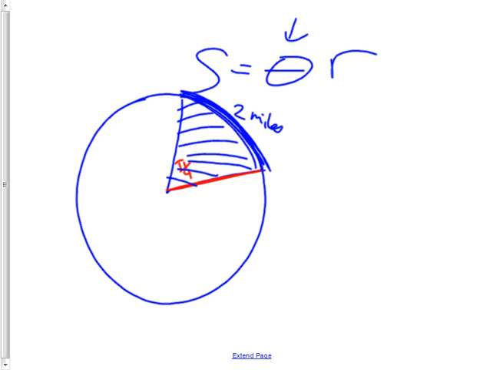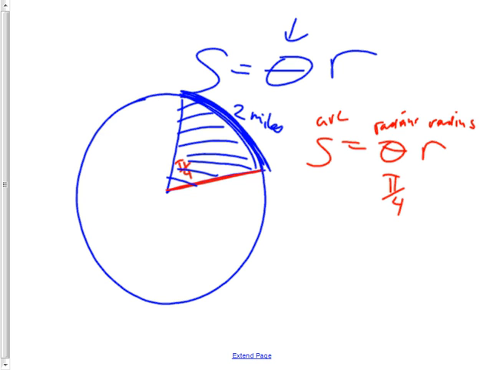Hopefully you're setting this up as S equals theta r, and S is your arc. That's a terrible letter for it. It really should be an A, but S is the arc length. And this is the radians, and this is the radius. Don't get sucked into thinking you can put degrees right here. Yes, that is 45 degrees, but you can't use that. You have to use the radians, pi over 4.